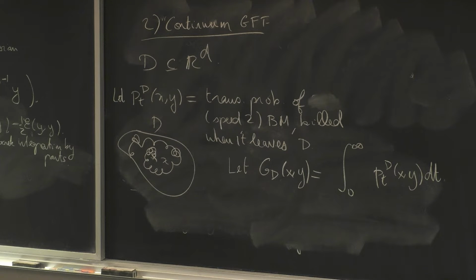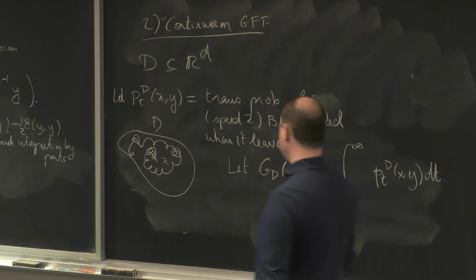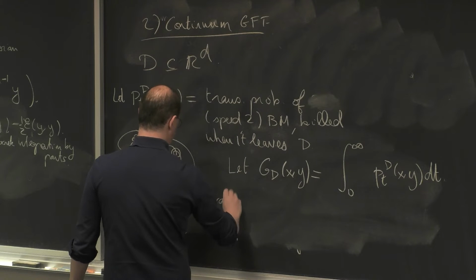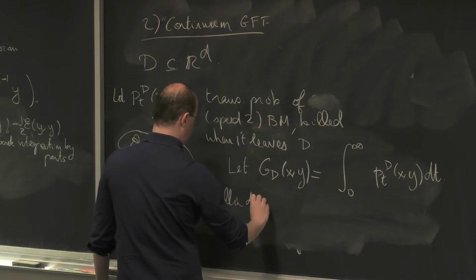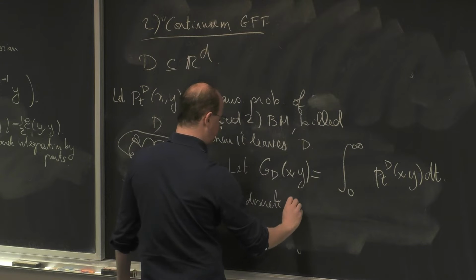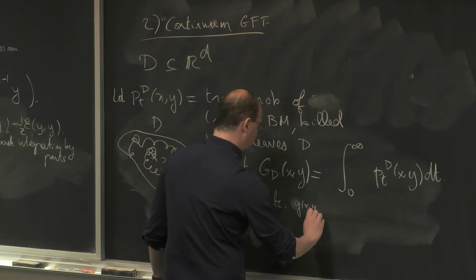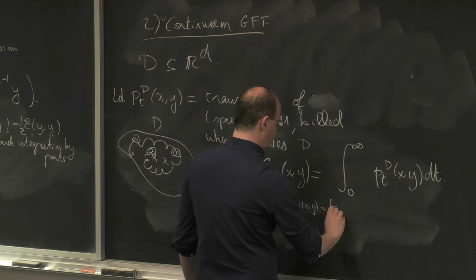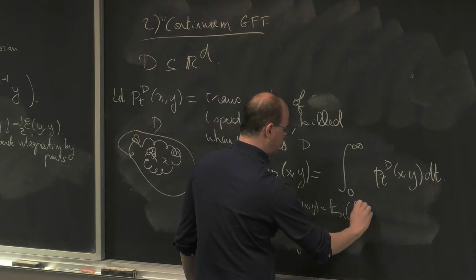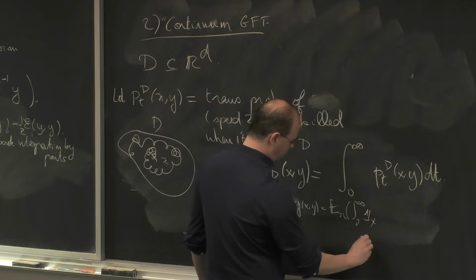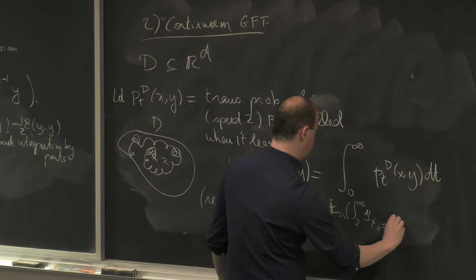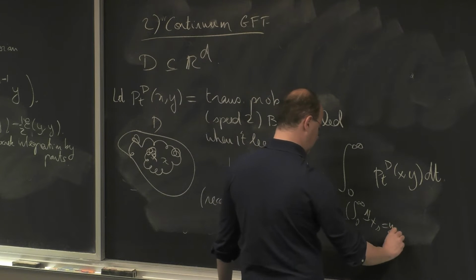I define the Green function by simply integrating this transition probability over time. So recall that in the discrete case, our little g of x and y was the expected amount of time spent at y before being killed.